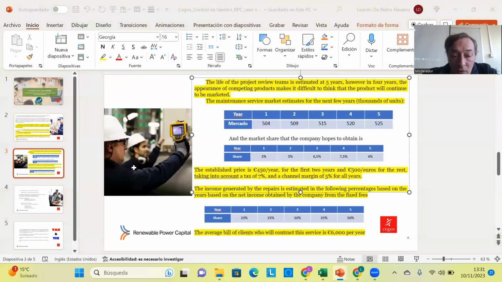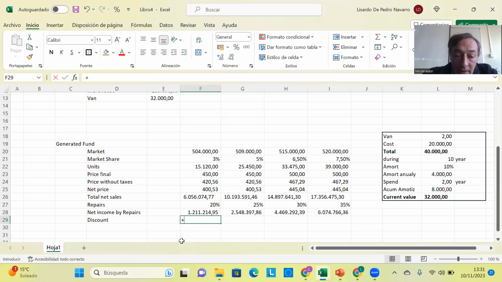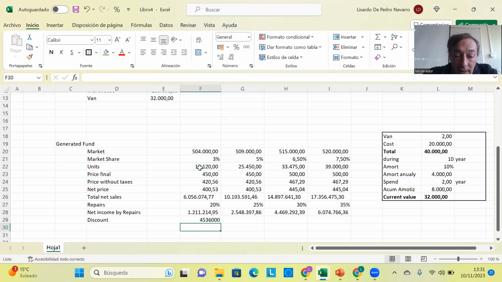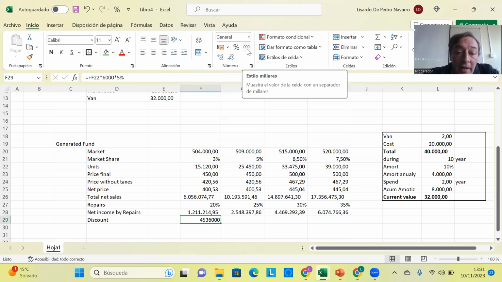So we are going to multiply the number of clients by 6,000 euros by 5%. So this is the discount that we are going to make on average.